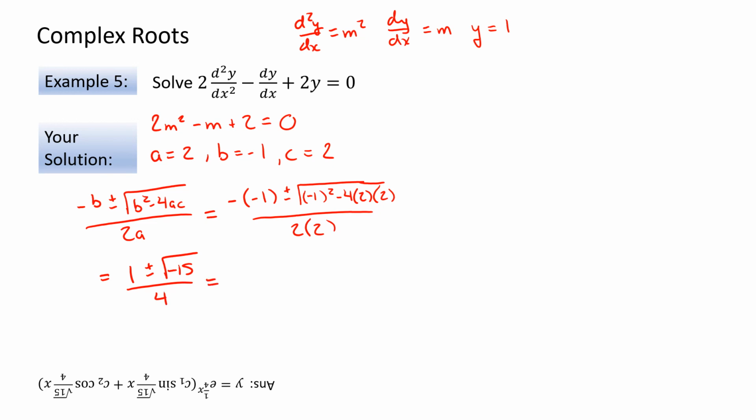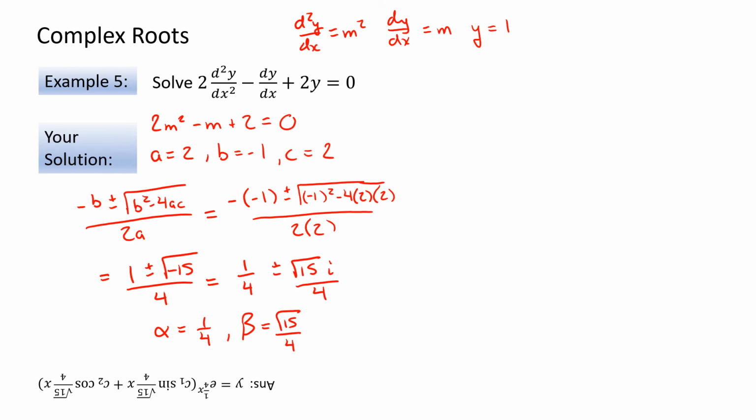So writing this in terms we've seen before, we get 1 over 4 for the first term, plus or minus the root of 15 times i, remember returning it complex, divided by 4. So we know now that our value for alpha is 1 over 4, and our value for beta is root of 15 divided by 4.